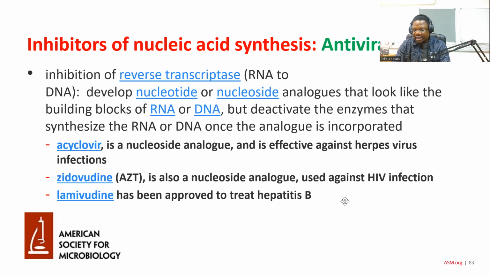And lamivudine, that is also against HIV and approved also to be used against hepatitis B. So those are inhibitors of nucleic acid synthesis, and they play a role in the inhibition of reverse transcription.